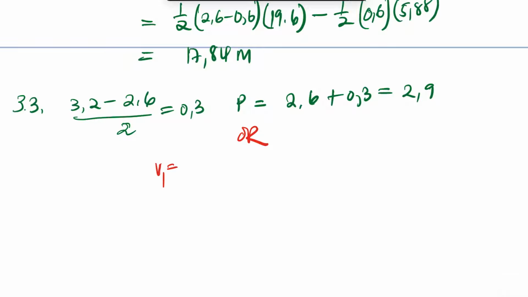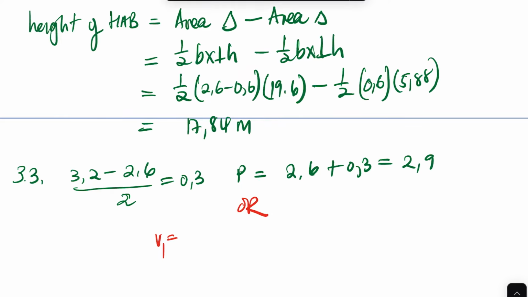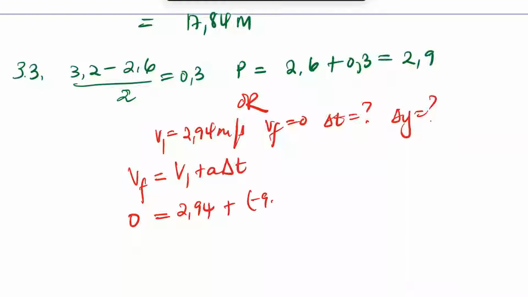We have the initial velocity there, it's positive 2.94 meters per second, and the final velocity, at maximum, is 0, and we want the time, and the displacement we do not have. So which formula are we going to use there? We're going to use VF equals V initial plus AT. V final is 0, V initial is 2.94 positive plus the 9.8 that is negative.